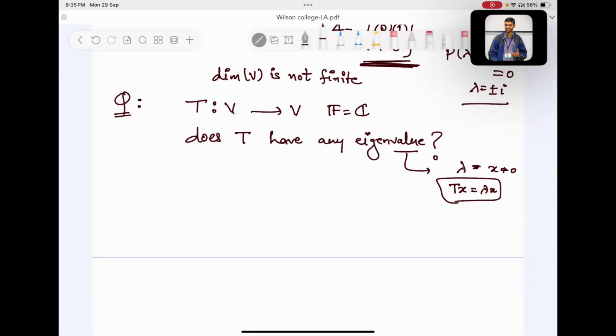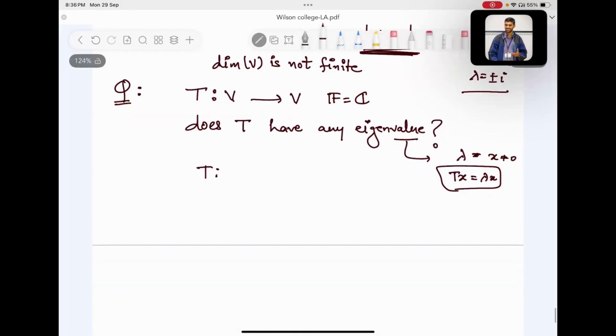Can you tell me any example? If you are saying it may not be, then you should have an example for that. Okay, what about this linear transformation, C[0,1] to C[0,1].